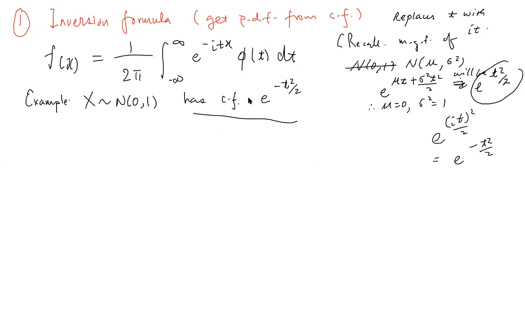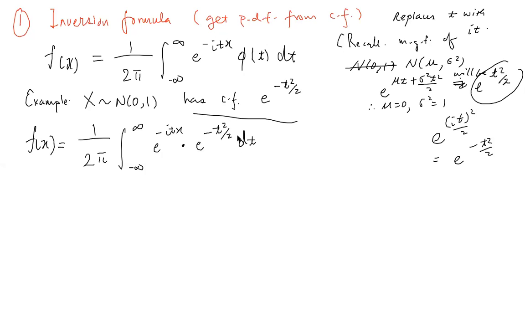And we are interested to see if we can actually recover the standard normal probability density function if we have the characteristic function. Let's try. So f(x) is equal to 1 over 2 pi of this, the integral of e to the minus itx times e to the minus t squared over 2 dt, right?